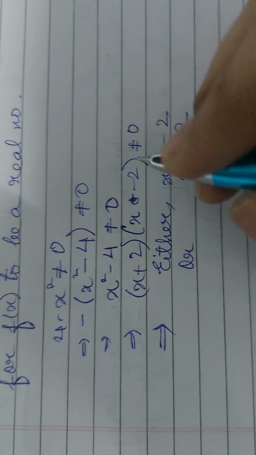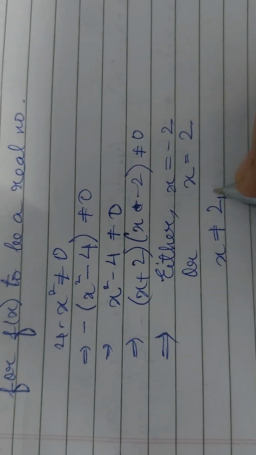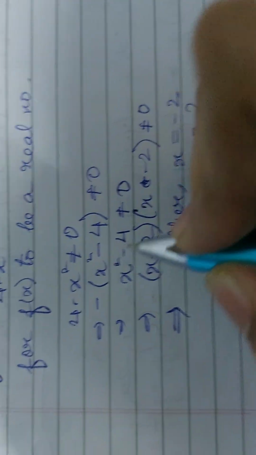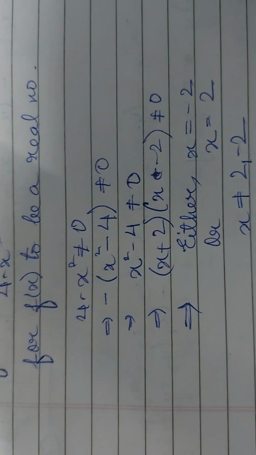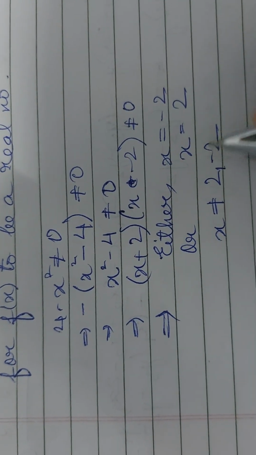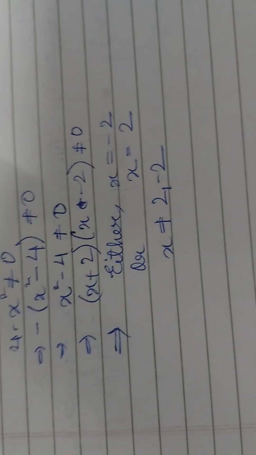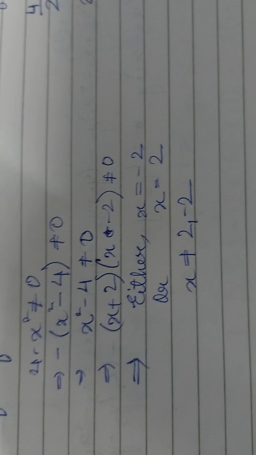In both cases, it will not give us a real number. x cannot be 2 or minus 2, because minus 2 or 2 whole square both give us 4 only, and 4 minus 4 is 0. So these two numbers can't be taken as the domain of the function.